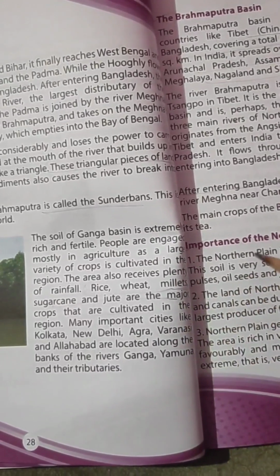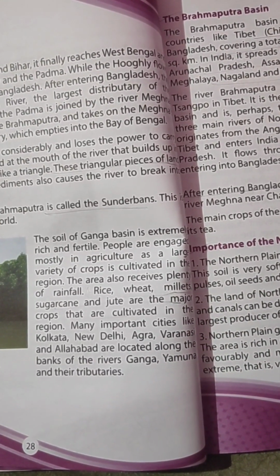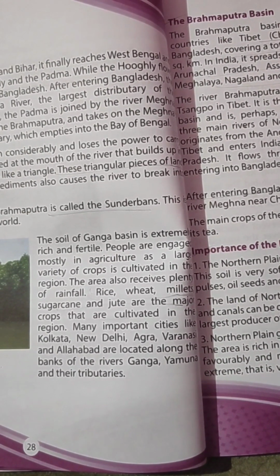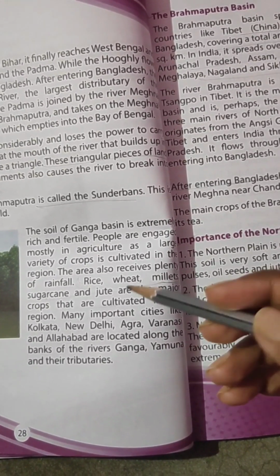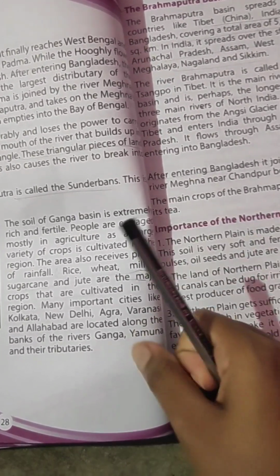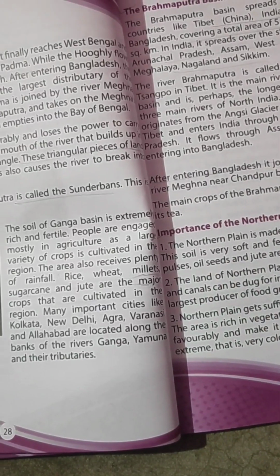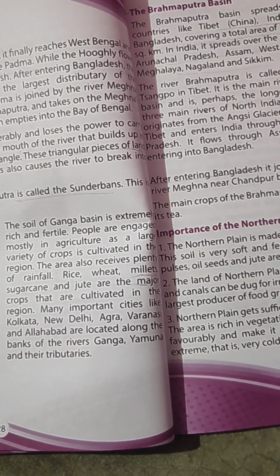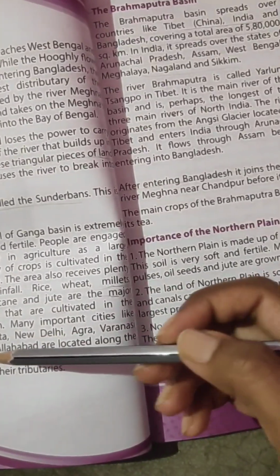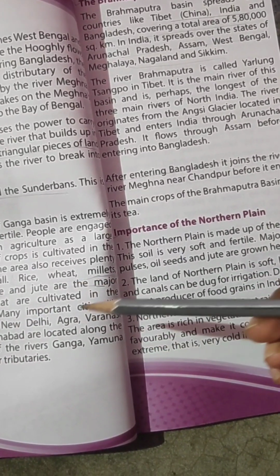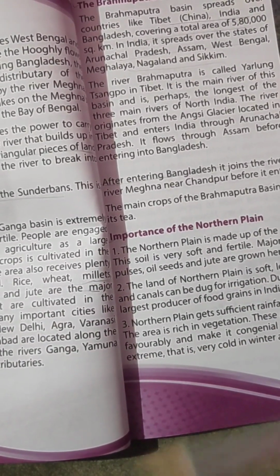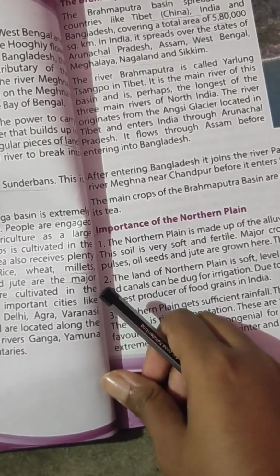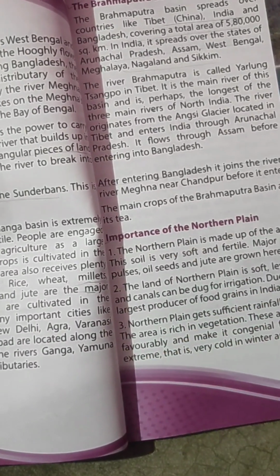The soil of the Ganga Basin is extremely rich and fertile. People are engaged mostly in agriculture. You all know that rice, wheat, millet, sugarcane, and jute are the major crops cultivated over these regions. Many important cities, you all know, Kolkata, New Delhi, Agra, Varanasi, and Allahabad, are located along the banks of the Ganga and Yamuna and their tributaries.